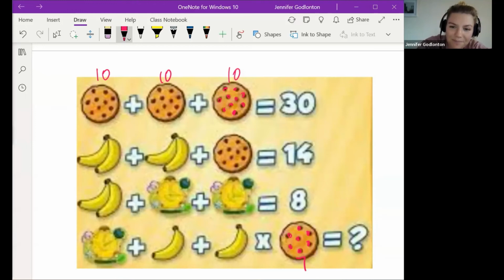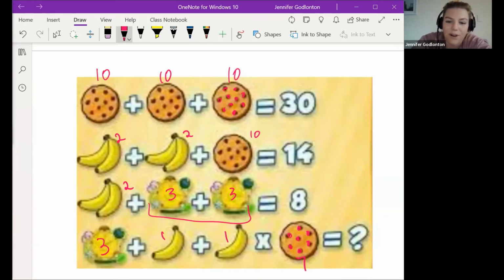Okay, so let's keep going. If this was 10, then we have 10, and then this has to be 2 and 2, which means banana is 1. So that's 2, that's 1, that's 1. If this is 2, then these two over here need to be 6. So that's 3 and 3. So we've got 1 times 7, which is 7. 7 plus 1, which is 8. 8 plus 3, which is 11.